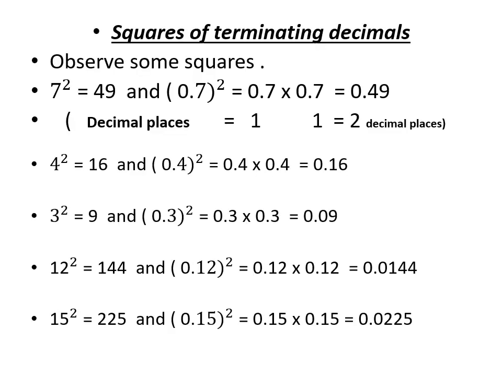See the square roots of the terminating decimal means when the division remainder is 0. Observe some squares. Here 7 square equals 49, we are aware, but if the same number we write in the decimal form, that is 0.7 whole square, that means we are multiplying 0.7 into 0.7.